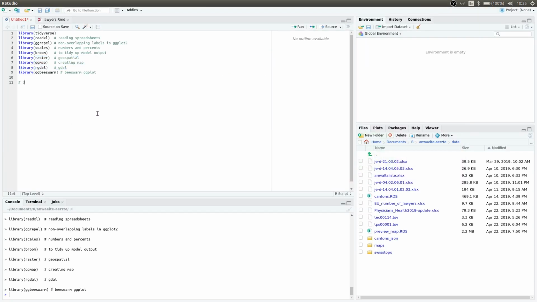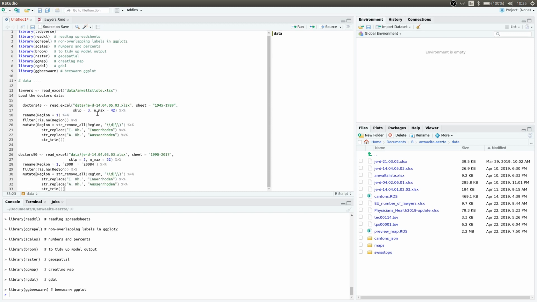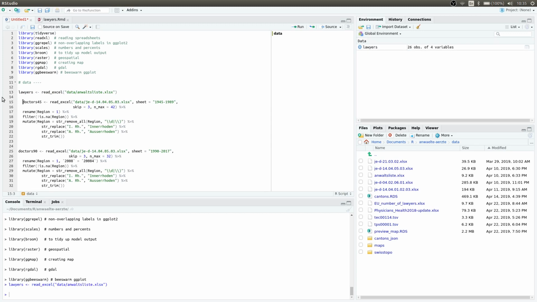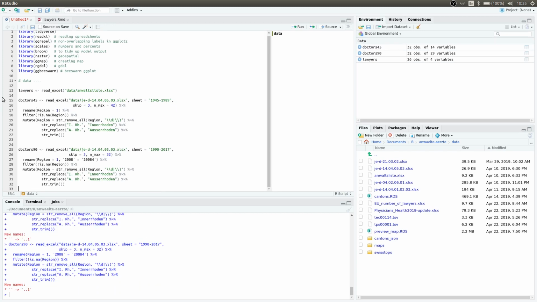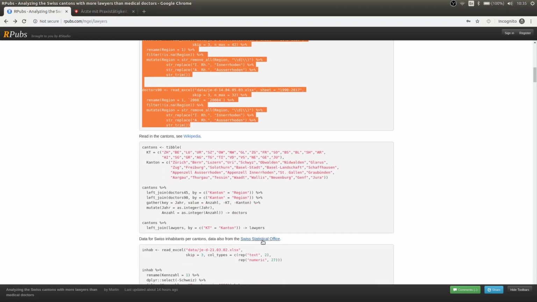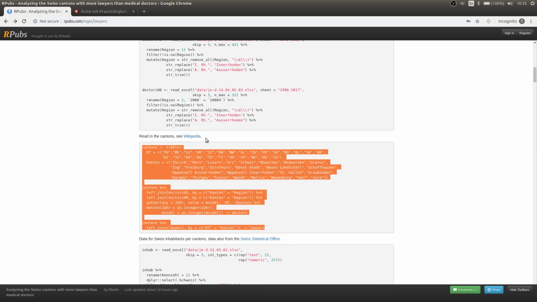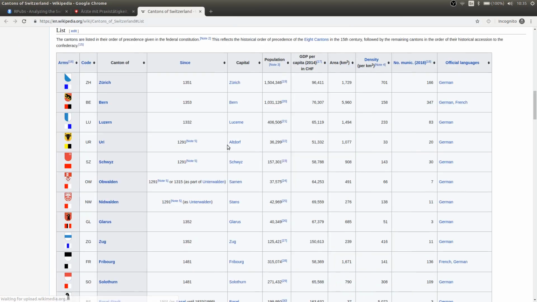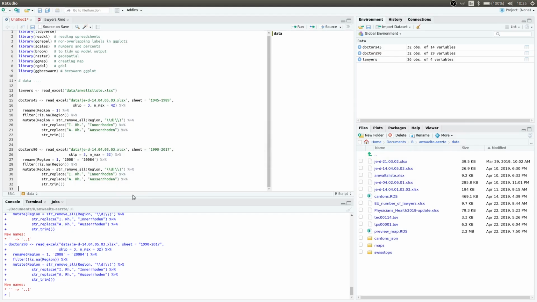We have the lawyers, we have the doctors, and we have the cantons that we get from Wikipedia, the Swiss cantons with the abbreviation code and the name.